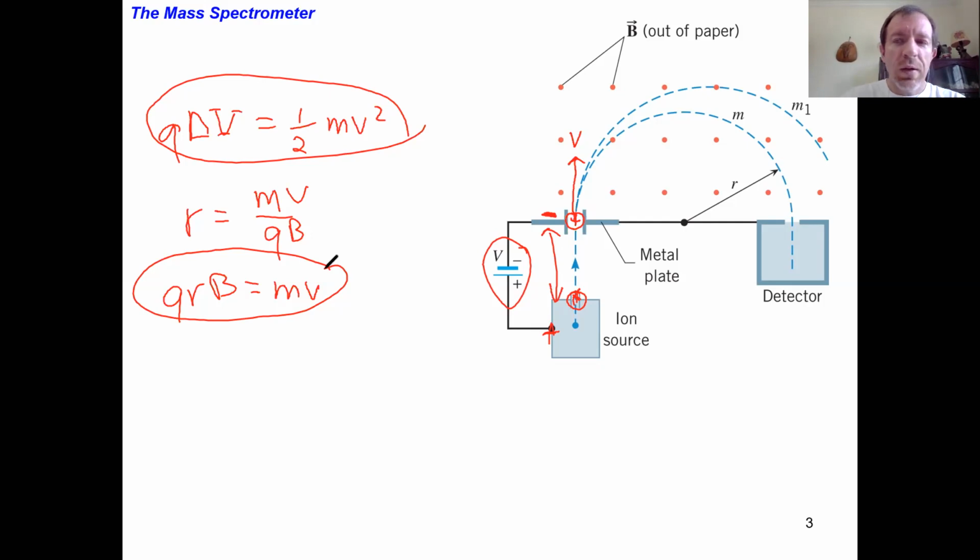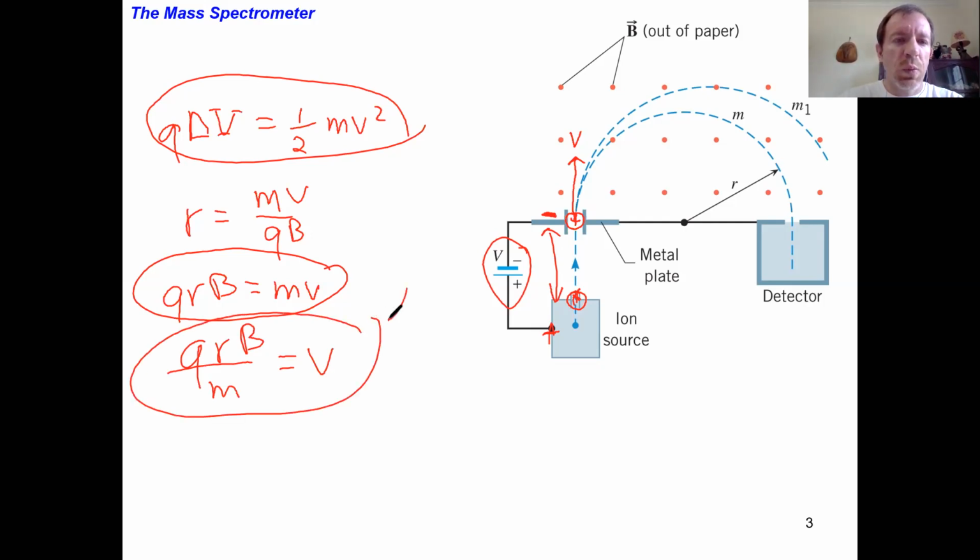So anyway, I'm trying to eliminate velocity out of these two expressions by combining them together. So I'm going to rearrange this one: qRB over m is equal to v. All right. And now I can plug it in for v.